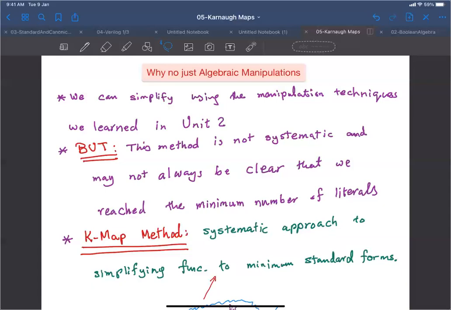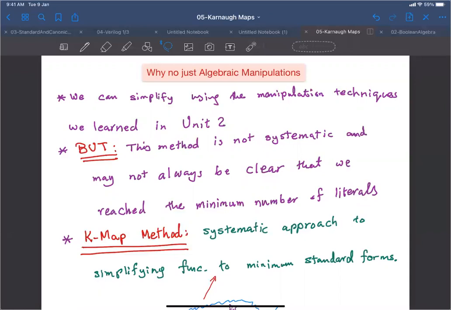And also it doesn't give you any clue of what the minimum number of literals is. For example, if you see the consensus theorem for the first time, you will never think that the consensus term is redundant, because it's not apparent to you.